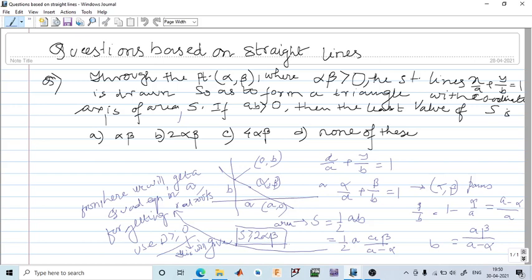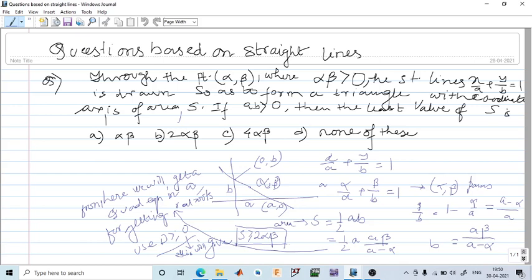So x by a plus y by b equals 1 is the intercept form. When we are solving with the intercept form, we know that the endpoints are (a, 0) and (0, b).